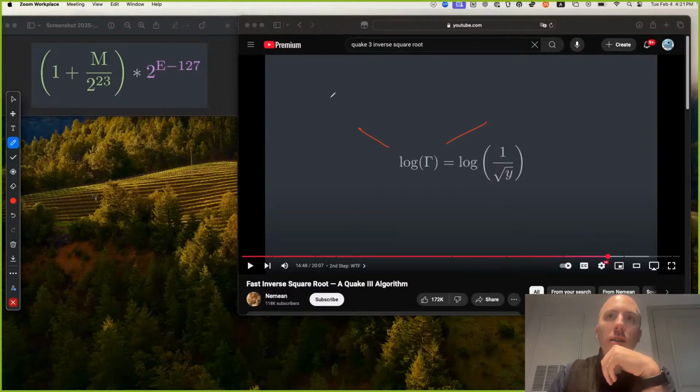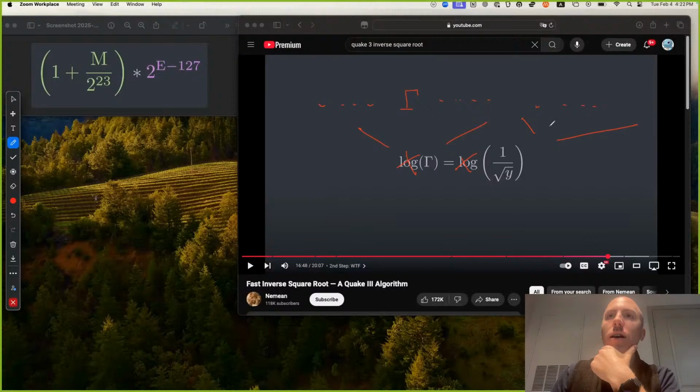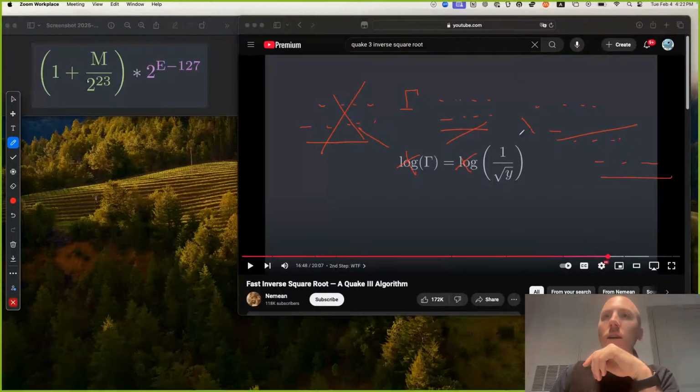Somewhere in this expression, the log kind of goes away, and you have gamma, and through some algebra you can subtract this stuff, and this goes away, and you get gamma is equal to this mess over here.